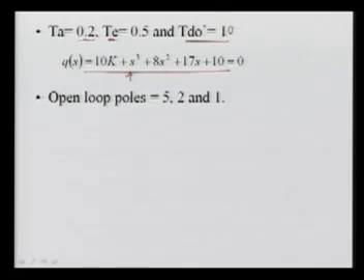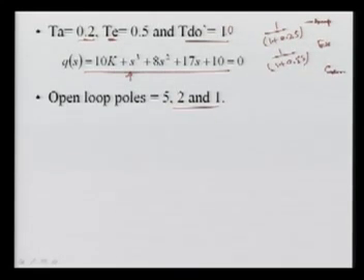Now from here we can see the open loop poles. For your amplifier we get 1 upon 1 plus 0.2s. For your exciter we get 1 plus 1.5s, and for your generator it is 1 over 1 plus s.